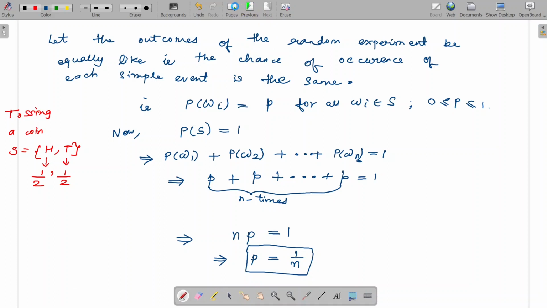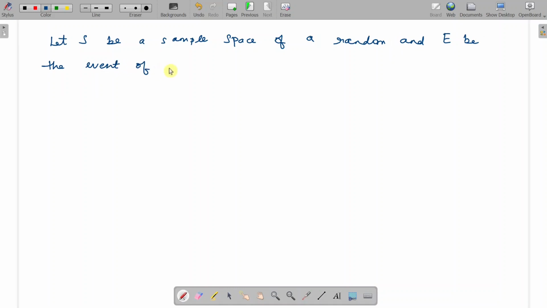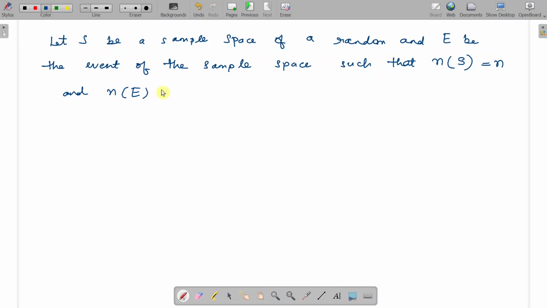Now let us take one statement here. Let S be a sample space of a random experiment and E be an event of the sample space, such that the number of elements in the sample space is n and the number of elements in the event is m.